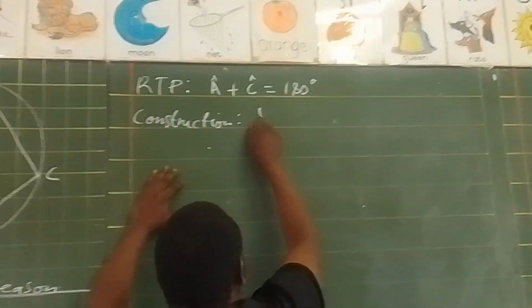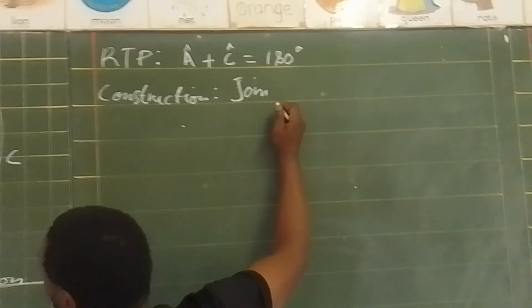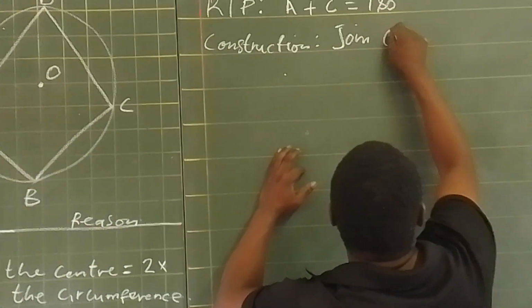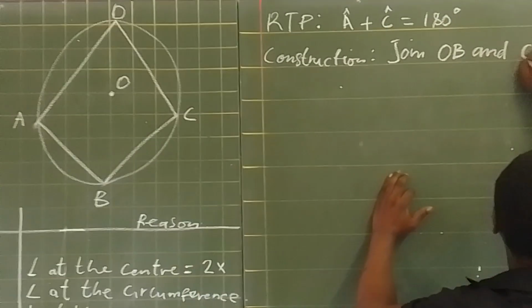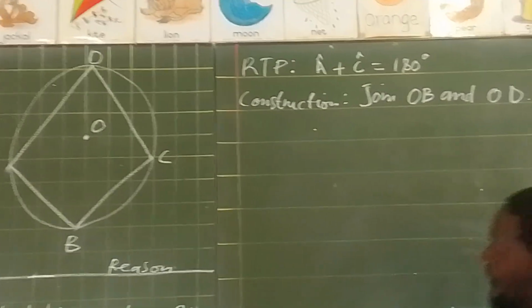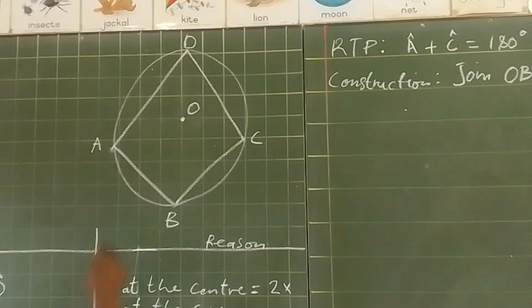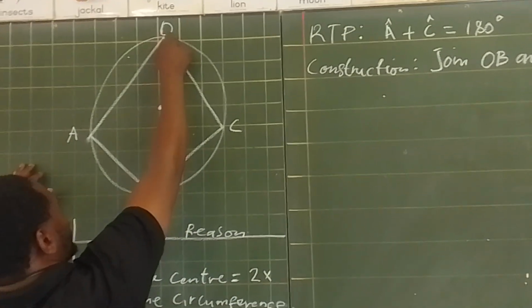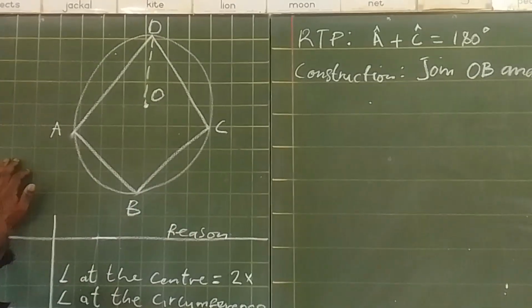Construction, we join OB and OD. Let's join them. This is OD. We have joined it.